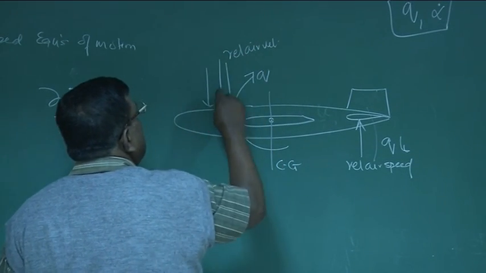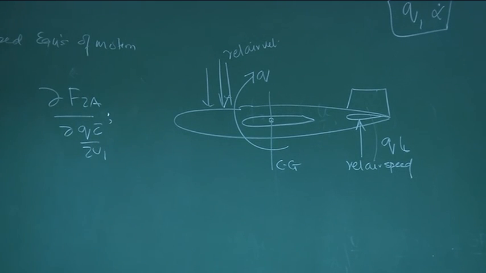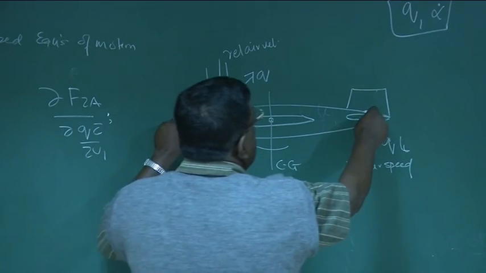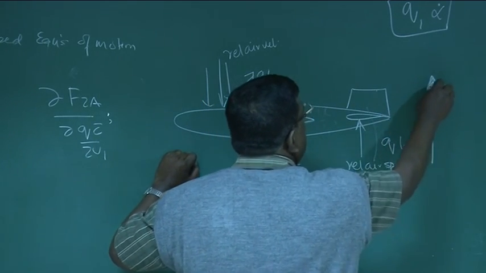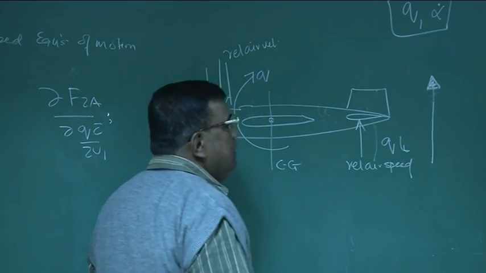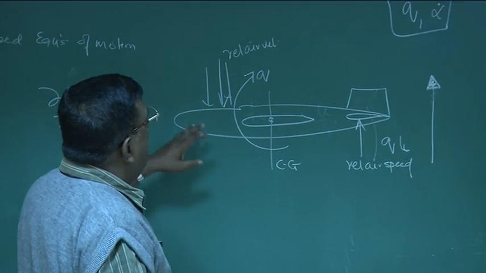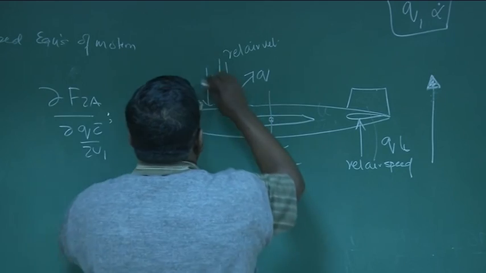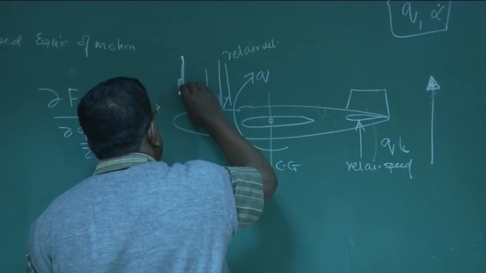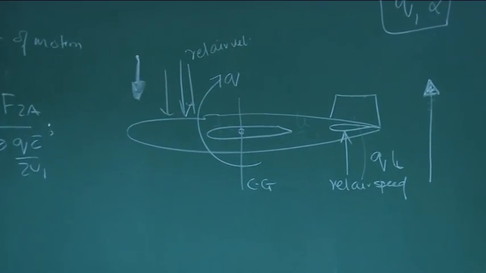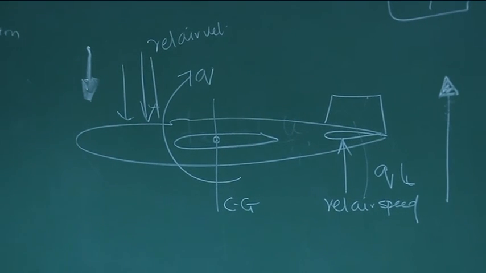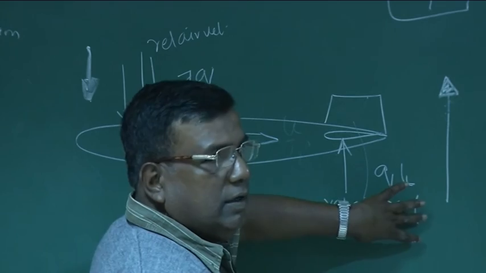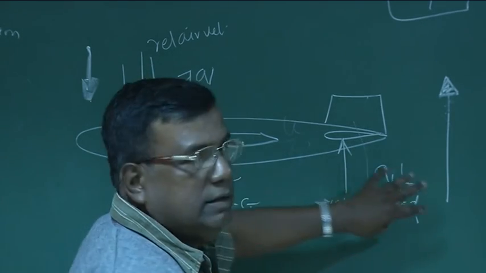This portion also, all this portion ahead of the CG. As it goes down, there is an additional CL in the vertical direction, which will be proportional to Q. And as the front goes up, there will be some force coming down like this. But for an airplane, the tail portion is predominant as far as force is concerned.